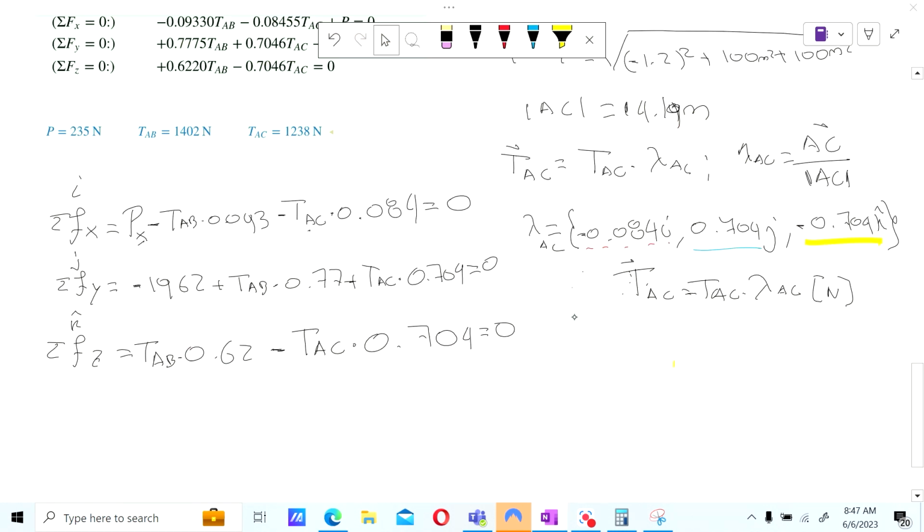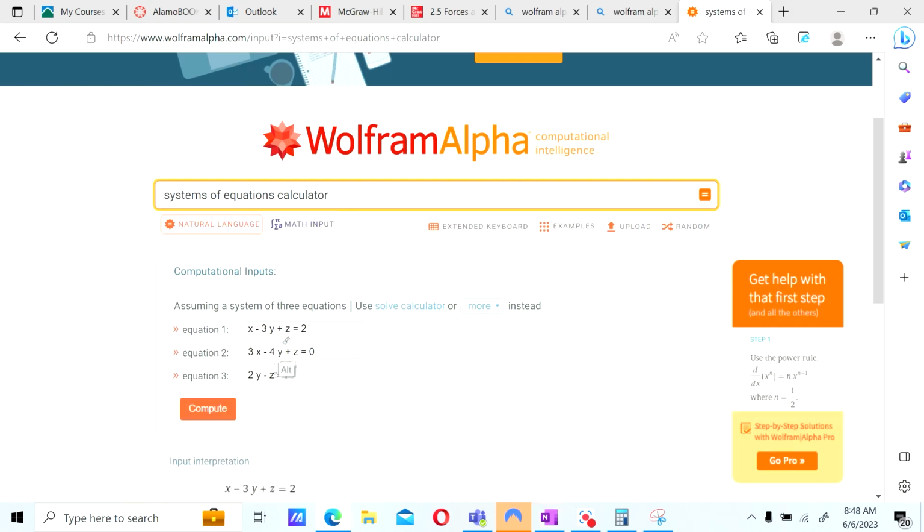So let's map Px to x, tension in AB to y, and tension in AC to z. This is only so that we can use the calculator online and we don't have to solve three equations, three unknowns by hand. All right, let's go ahead and do that.